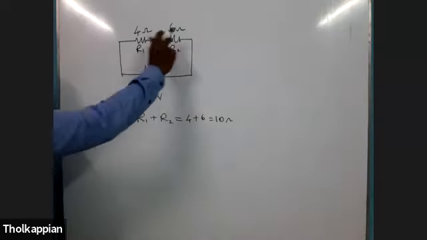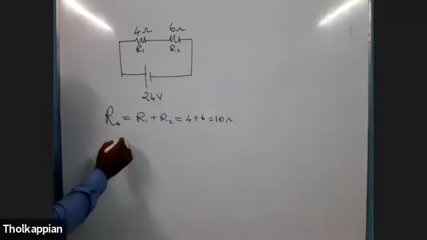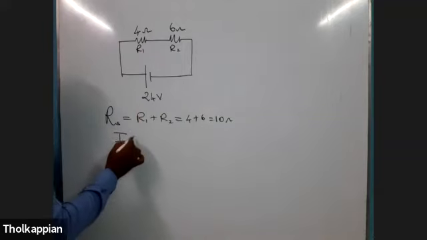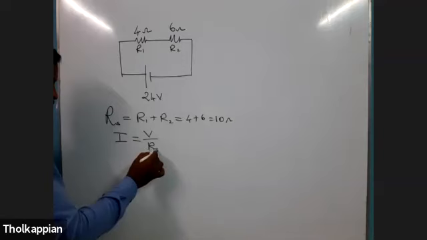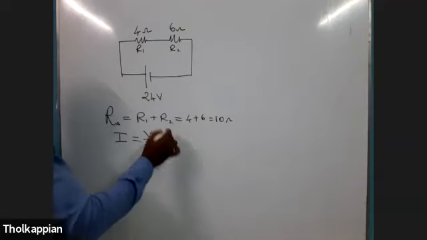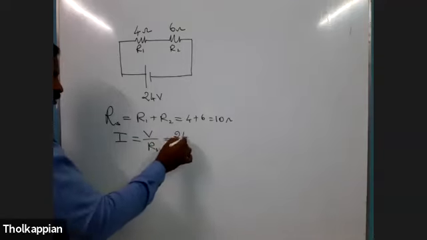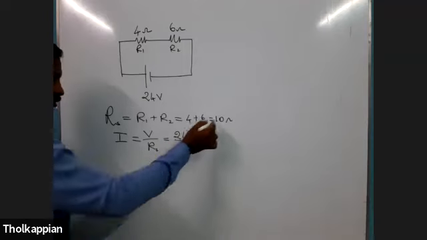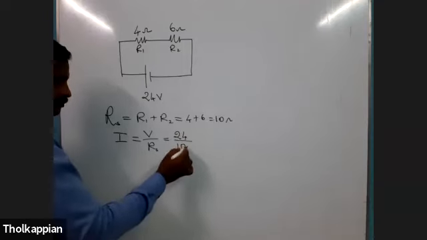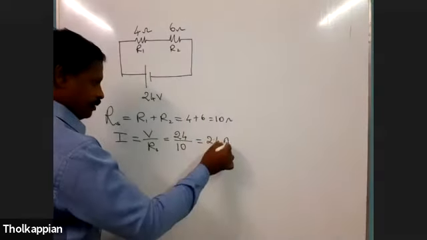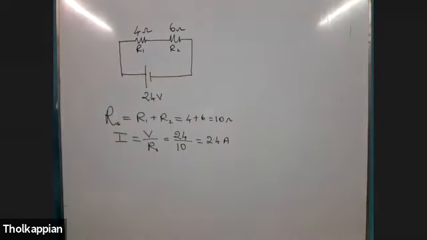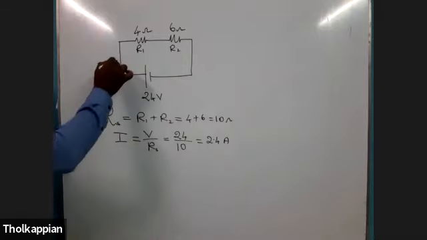Here there is no junction, so the current is the same. You know that the current I is equal to V by R, that is 24 divided by the resistance 10, which is equal to 2.4 ampere. So this is the current flowing in this circuit.